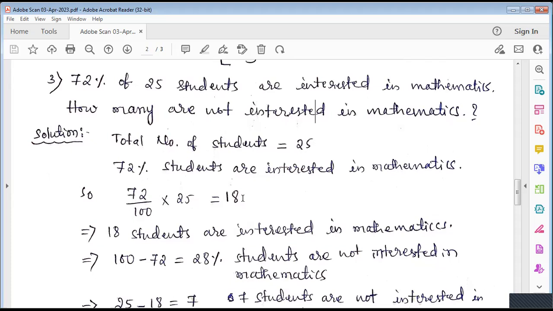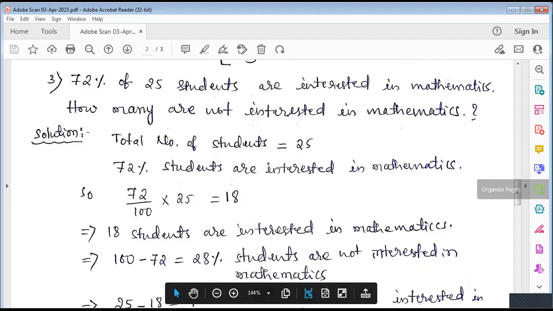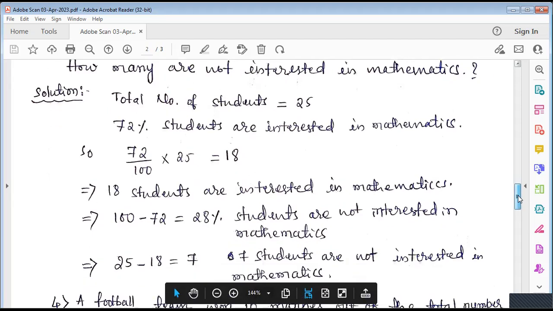Just now we have expressed this 72% in ratio form, as we just saw in problem 2. So 72% we have to express as 72 by 100 into 25. So this gives 18. That means out of 25 students, 18 students are interested in mathematics.